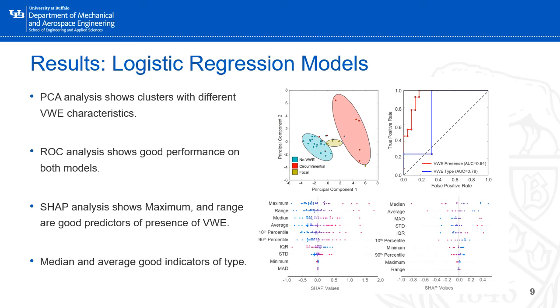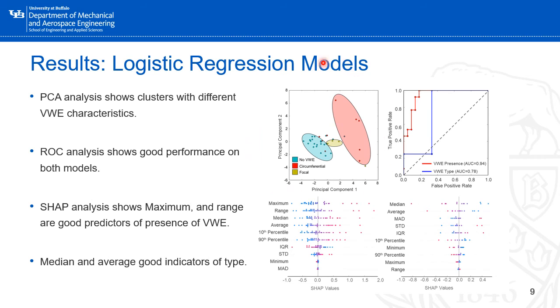Moving on, we build logistic regression models separately for identifying the presence of enhancement, and then a separate logistic regression model to identify the type of vessel wall enhancement. First of all, to graphically demonstrate the importance of these 10 first order metrics, we performed principal component analysis.